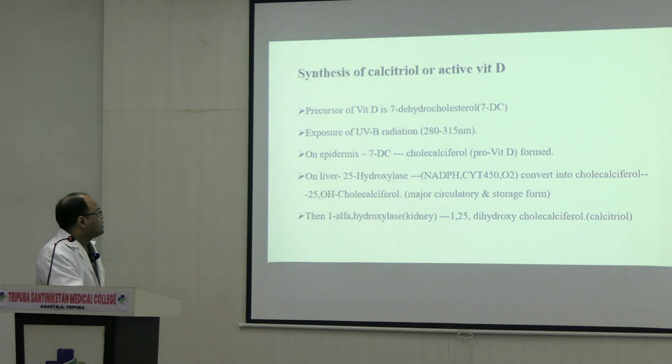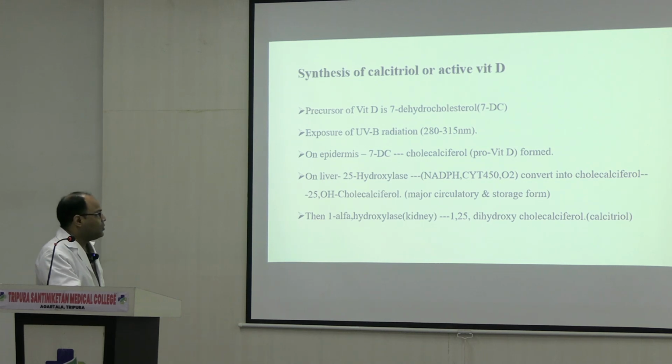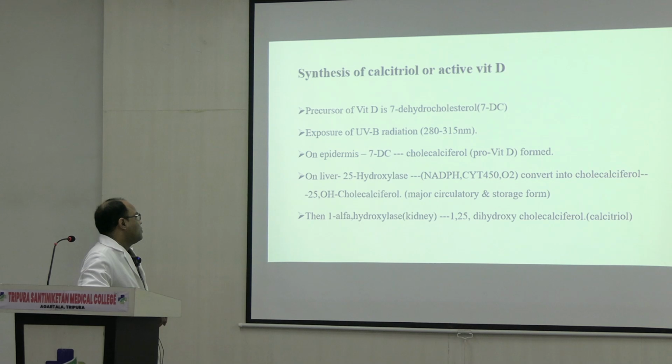So the precursor, 7-dehydrocholesterol, is formed in the skin and released into the circulation. From there it reaches the liver. In the liver, in presence of the 25-hydroxylase enzyme, with NADPH, cytochrome P450 and molecular oxygen, it forms 25-hydroxycholecalciferol.